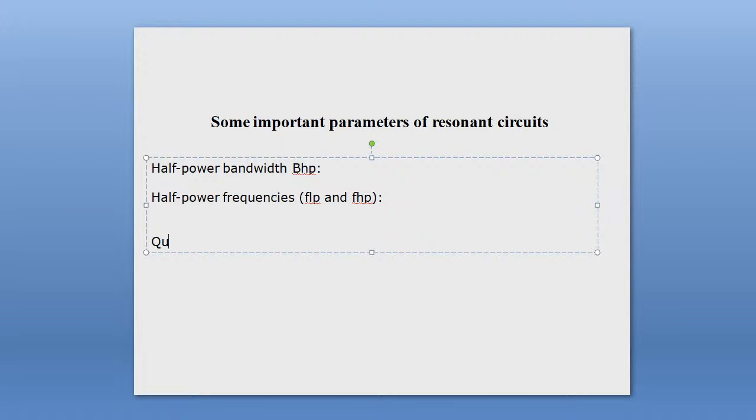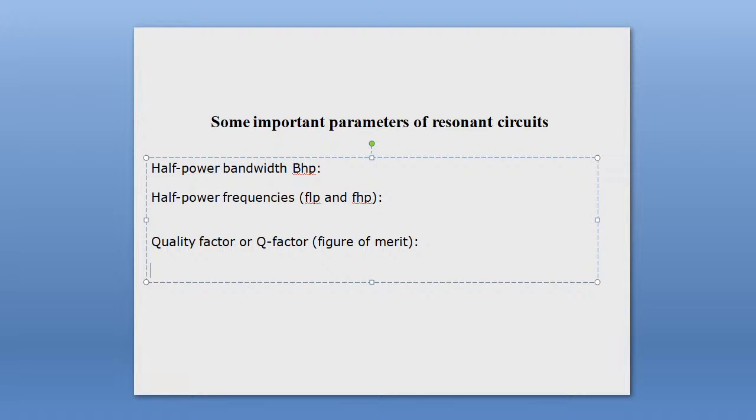Then we'll try to understand one important parameter known as the quality factor or Q factor, or sometimes the figure of merit for the resonant circuit.